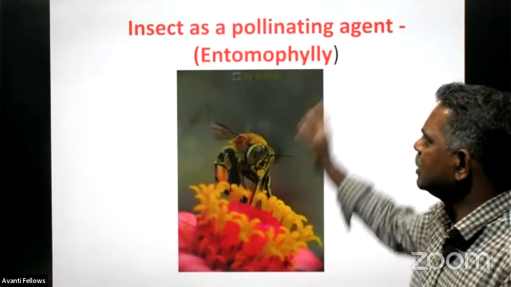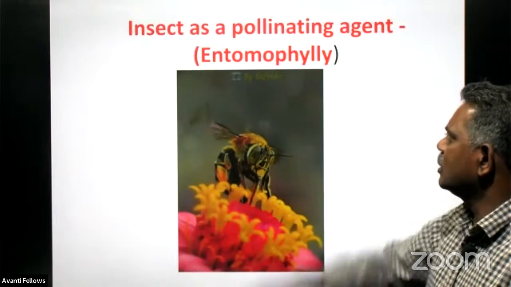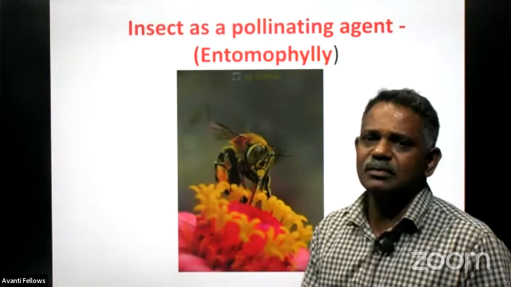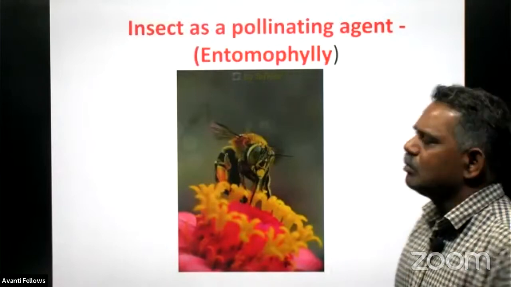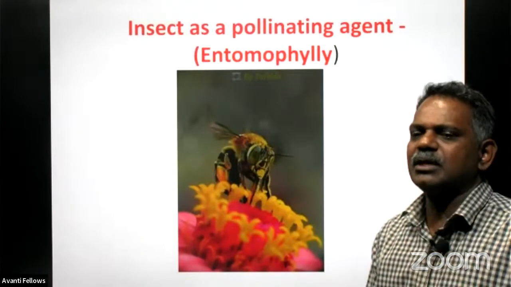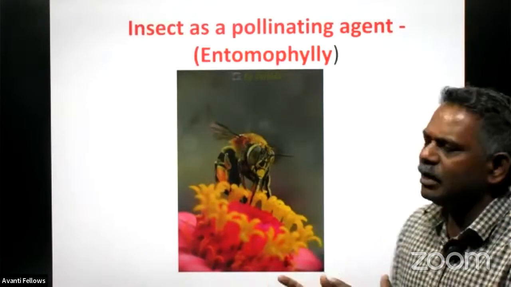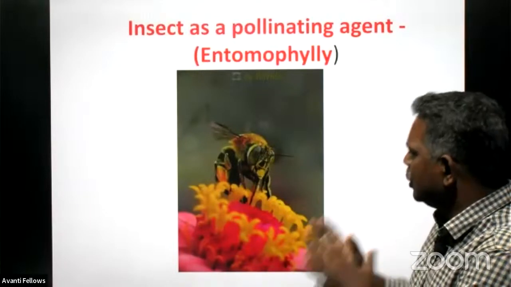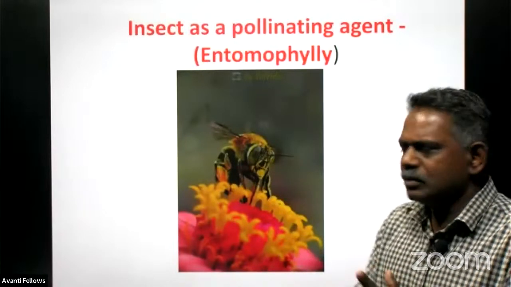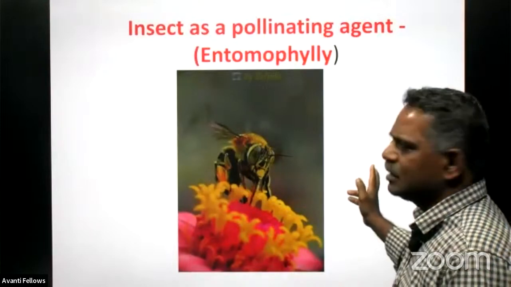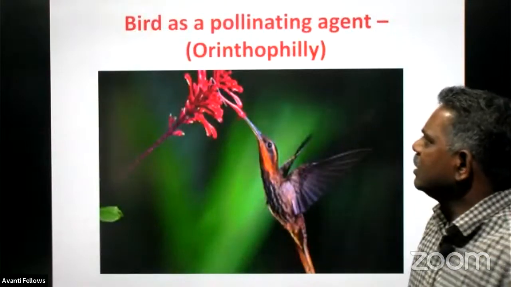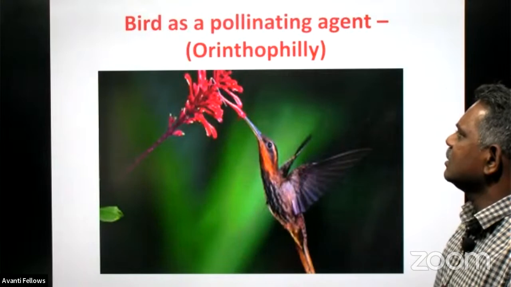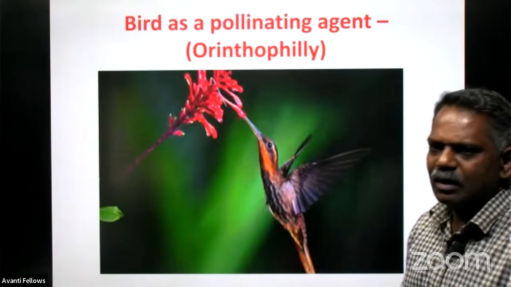Next topic is the use of insects as a pollinating agent, that we call entomophily. Entomology means the study of insects, and entomophily is the type of pollination using this biotic agent called insects. And birds as a pollinating agent, that is called what? Ornithophily.